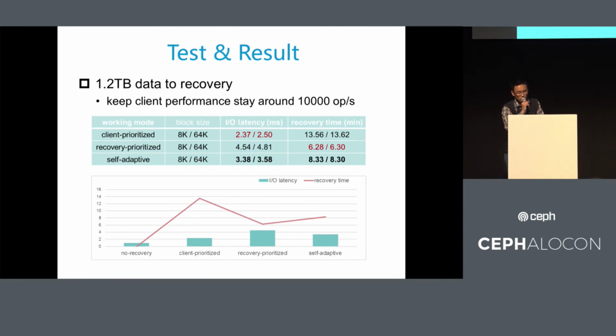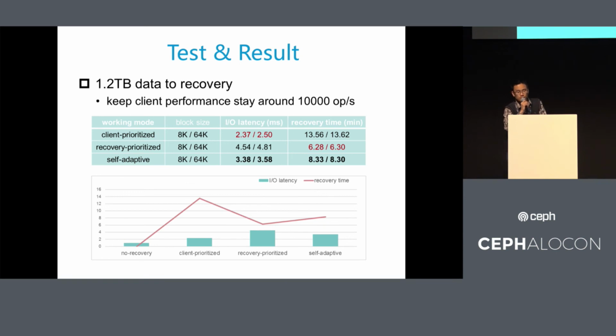And finally, we test these 3 working modes in one of our clusters. In this test, there are about 1.2 terabytes of data to recover. During the recovery, we keep the client's performance around 10,000 OPs per second.